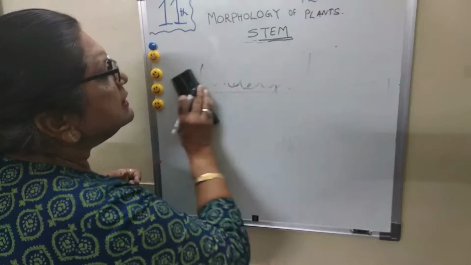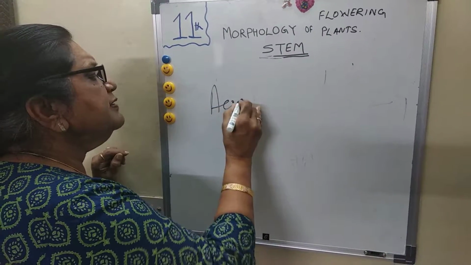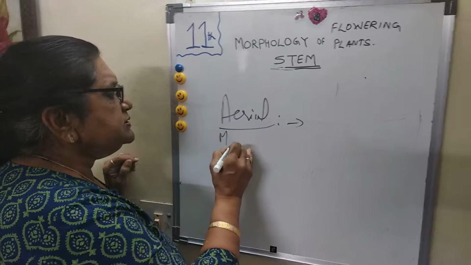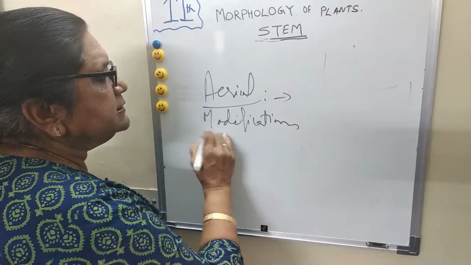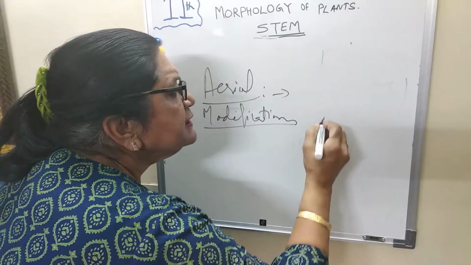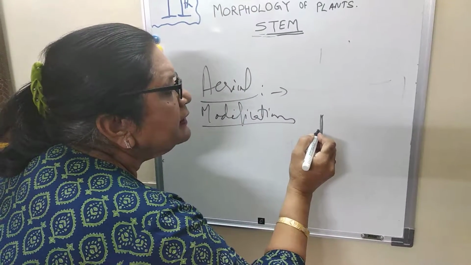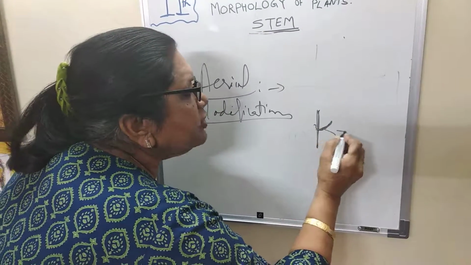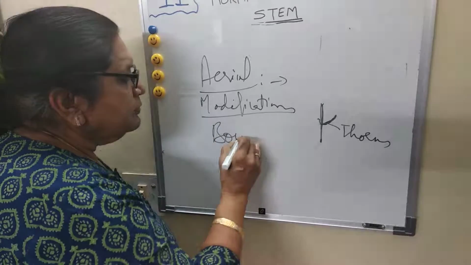Then come aerial stems. Aerial means which remain above the ground. Again, they show various modifications. The important modifications: first, the stem bud is converted into thorns, as in Bougainvillea.